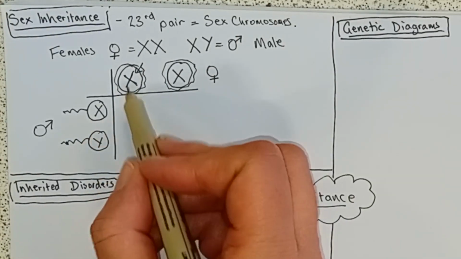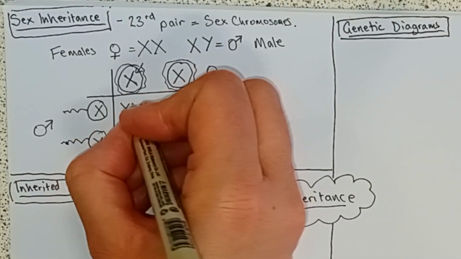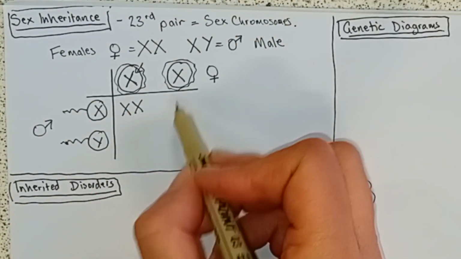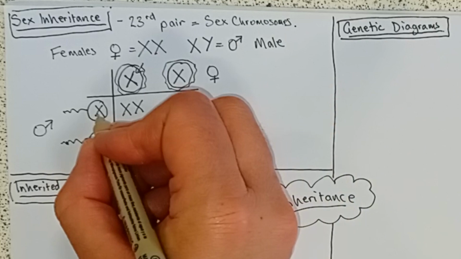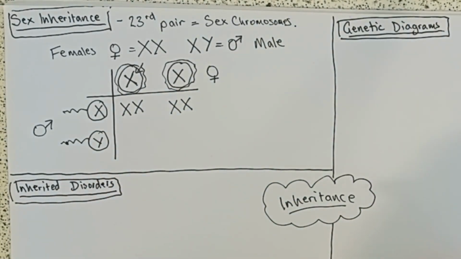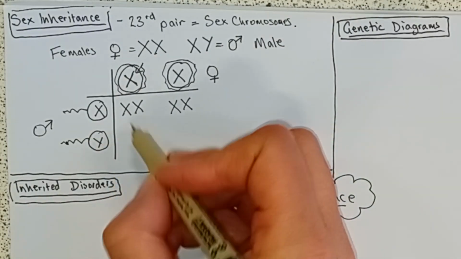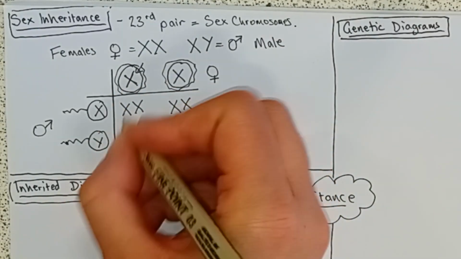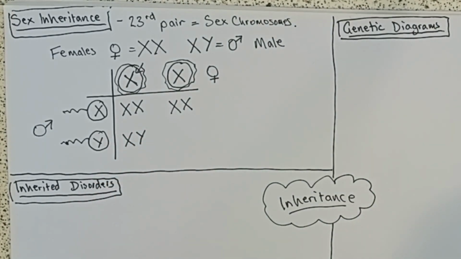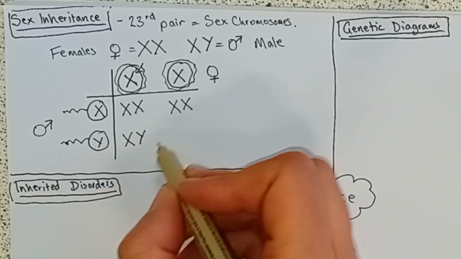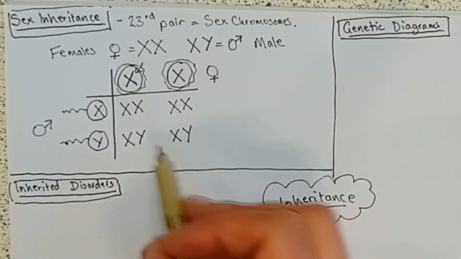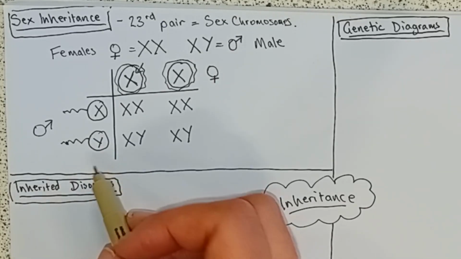So if this sperm fertilised this egg, the offspring would have 2 X's, so it would be female. If this sperm fertilises this egg, we'll get 1 X from the sperm, 1 X from the egg, so the offspring will be female. But if this sperm fertilises this egg, it will get one X from the mum, but it will get a Y from the dad, which means that offspring will be male. And if this sperm fertilises this egg, exactly the same again. One X, one Y from the dad.